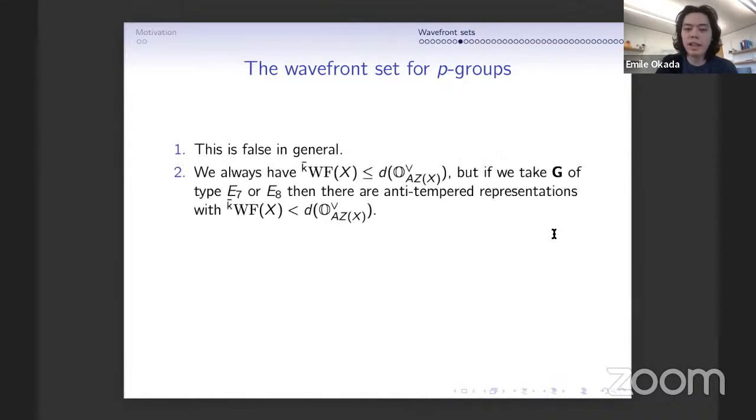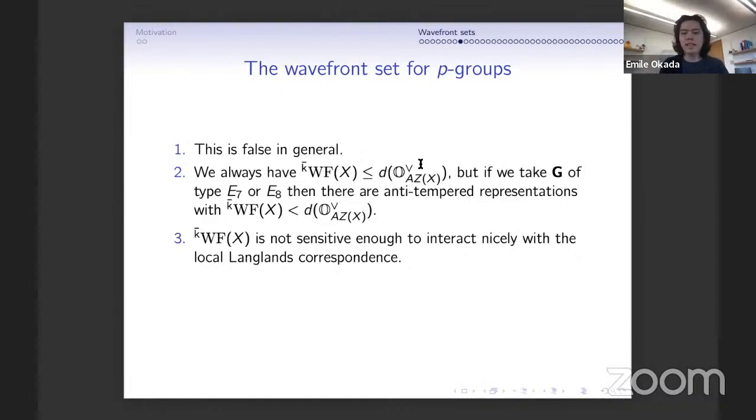So if you take G to be E7 or E8, then there are anti-tempered representations where this equality doesn't hold. So you can show that for all Iwahori-spherical representations, there's always this inequality. But in E7 and E8, this inequality can become strict. So somehow the geometric wavefront set isn't sensitive enough to interact nicely with the local Langlands correspondence.